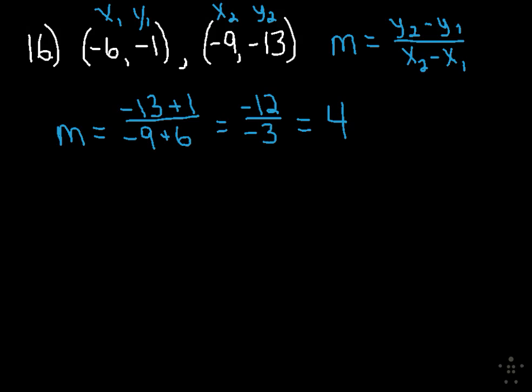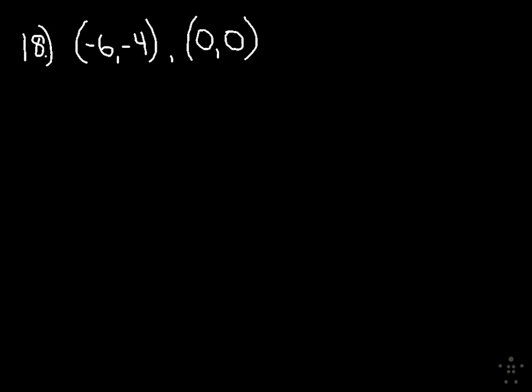Moving on to question number 18, we're supposed to find the slope of a line that goes through these 2 points. And so again, this is equal to my change in y's over my change in x's. And you can label x1, y1, x2, y2. Now notice the second point is the origin, 0, 0.